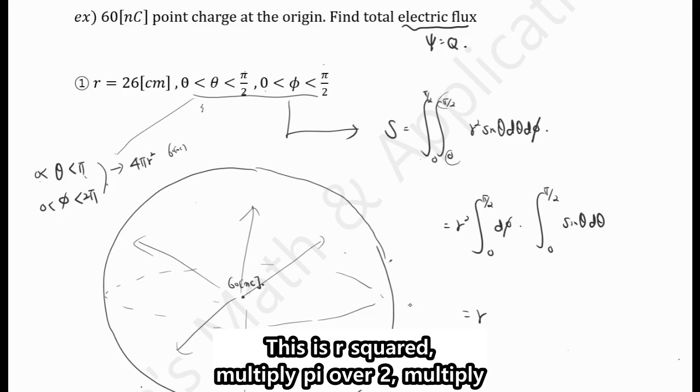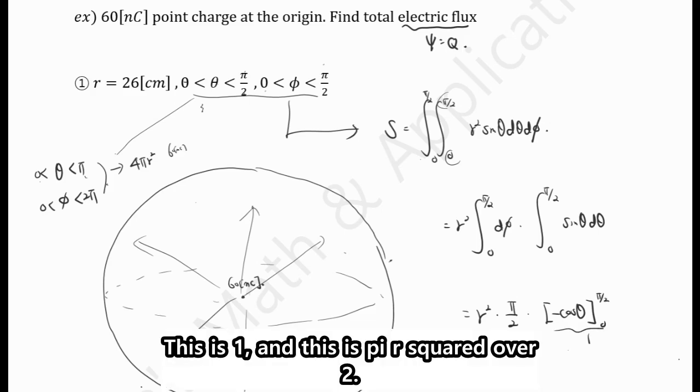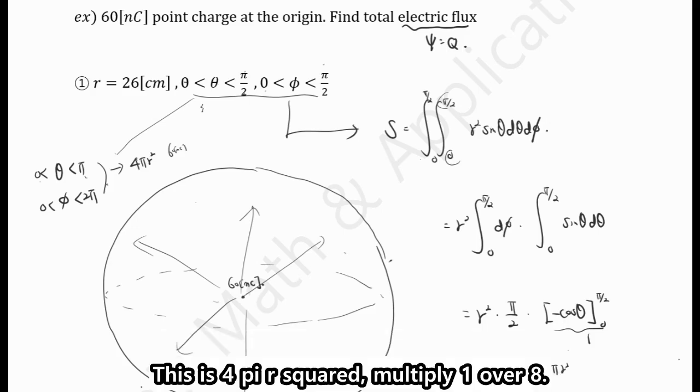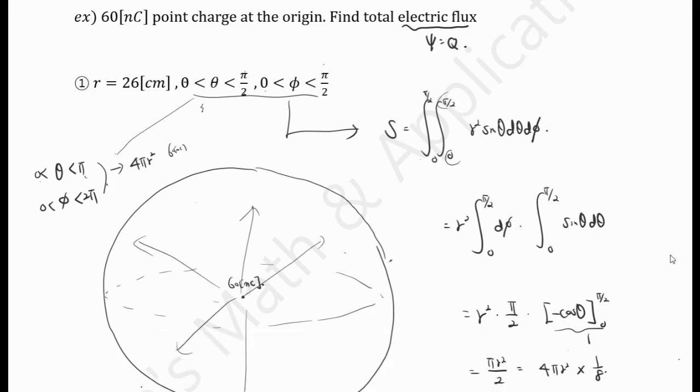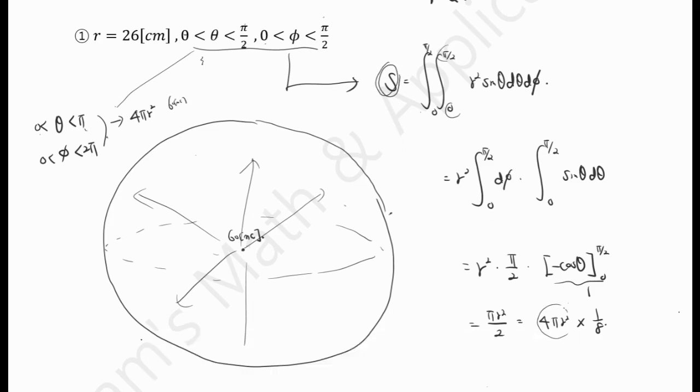This is r squared multiplied by pi over 2, multiplied by minus cosine theta from 0 to pi over 2. This is 1, and this is pi r squared over 2. This is 4 pi r squared multiplied by 1 over 8. So it means that this surface area is 1 over 8 of the total surface area of the sphere.